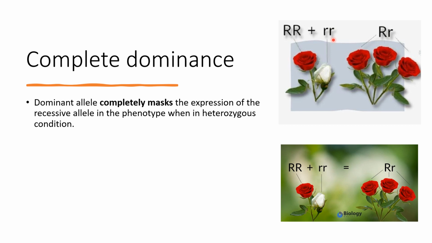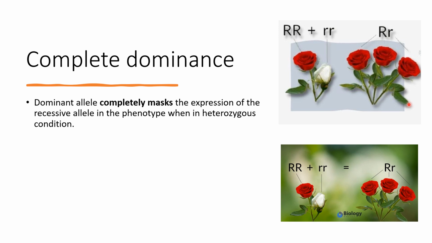Then I must also clarify dominant and recessive alleles. The dominant allele is expressed in the phenotype whether it is in a heterozygous or homozygous condition. When the dominant allele is in a homozygous condition, like here, it is expressed. And you find it in a heterozygous condition, like here, where you have the dominant and the recessive. It will still be expressed. That's why you see these flowers being red.